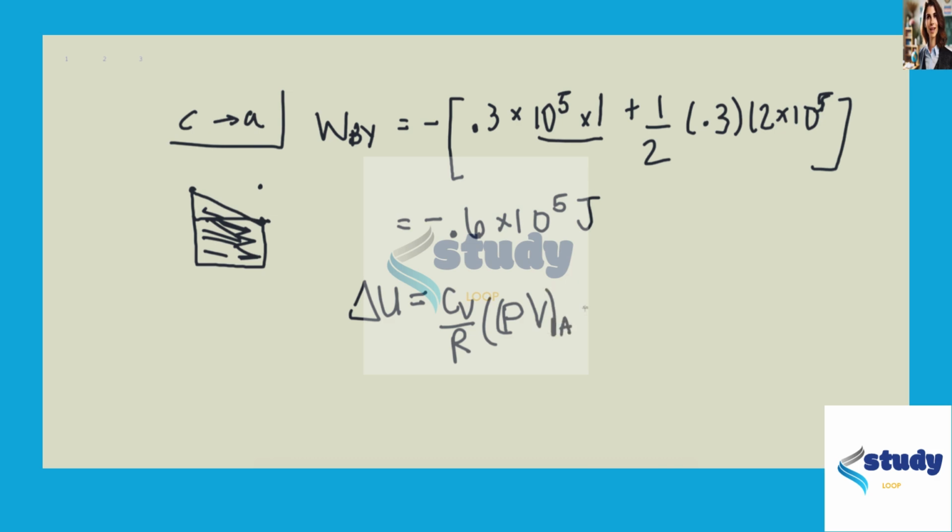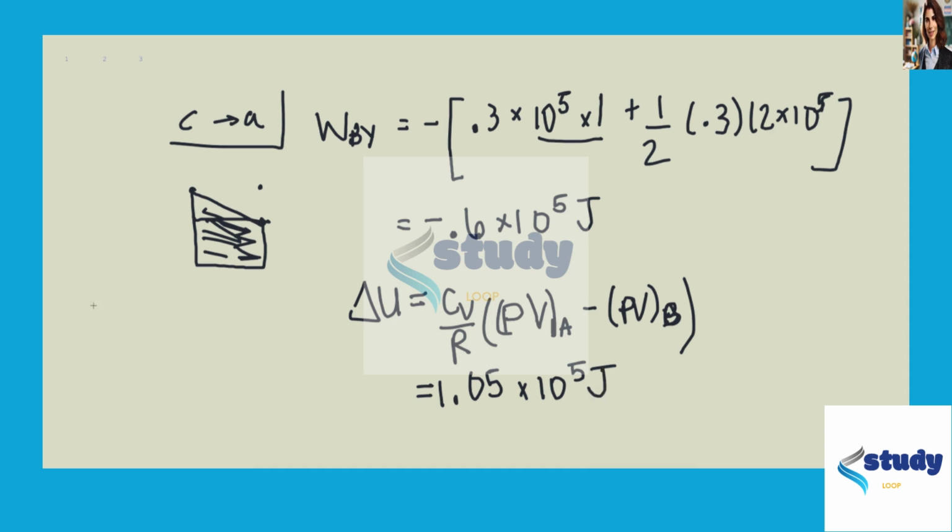So you want PV at A, your final state, minus PV at B, your initial state. And again, this is just from using the ideal gas law. PV is nRT. And so if you use your 12.47, 8.31, you might get what I got, which is 1.05 times 10 to the 5 joules.